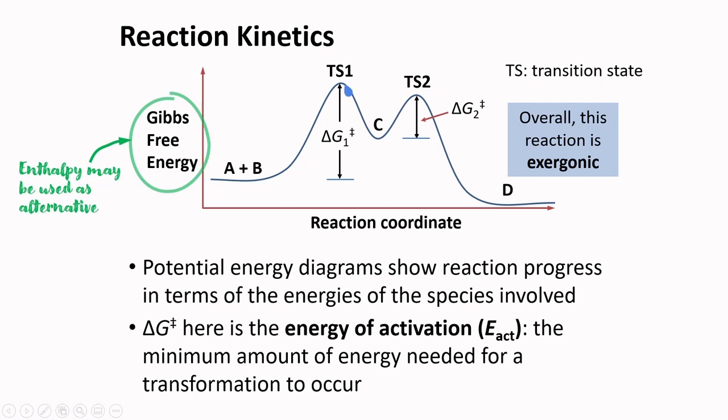And once this transition state is reached, there's a possibility of getting towards C. Once C is formed, we need another amount of energy to reach transition state 2. And once transition state 2 is reached, it can now go forward to the formation of D.